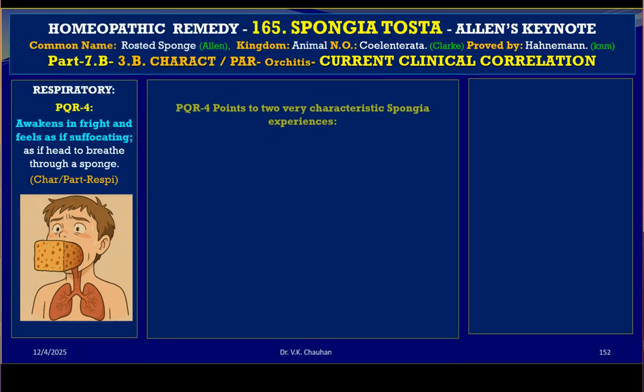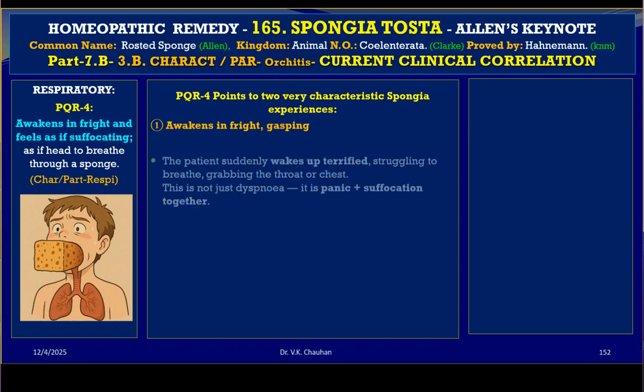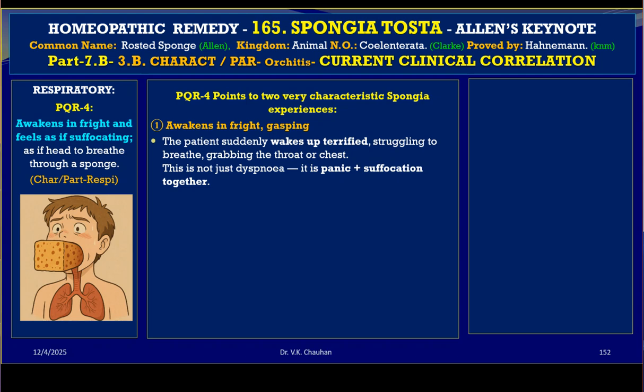It points to two very characteristic Spongia experiences. Number one is awakens in fright and grasping. The patient suddenly wakes up terrified, struggling to breathe, grasping the throat and chest. It is not just simple dyspnea, it is a panic suffocation together.